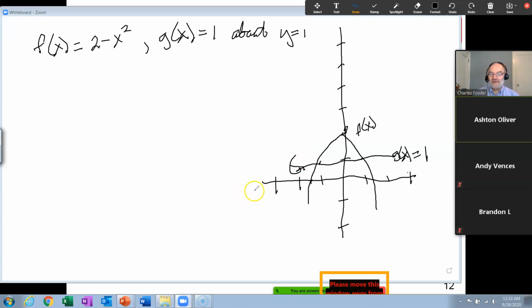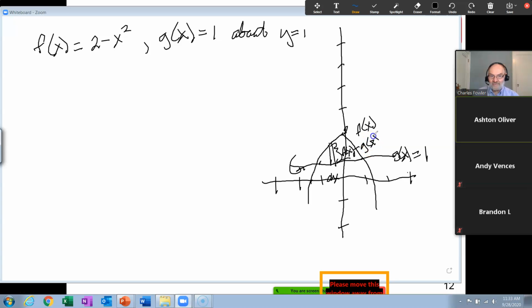So revolving around that. So what's our disk here? Let's just draw a representative. There's your dx. And it's going to be this function minus 1. That's your axis, that's your radius here. It's f of x minus g of x.